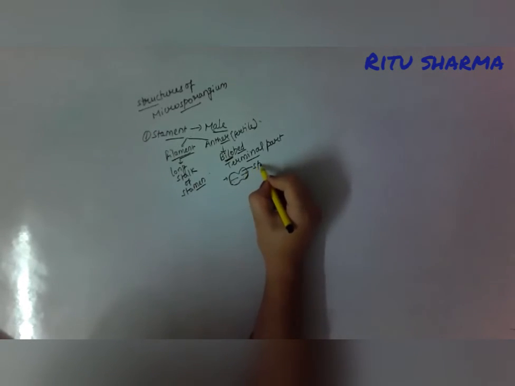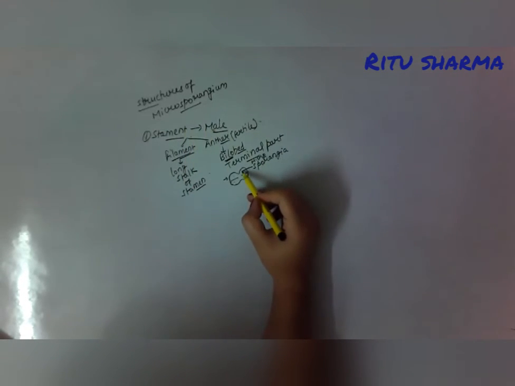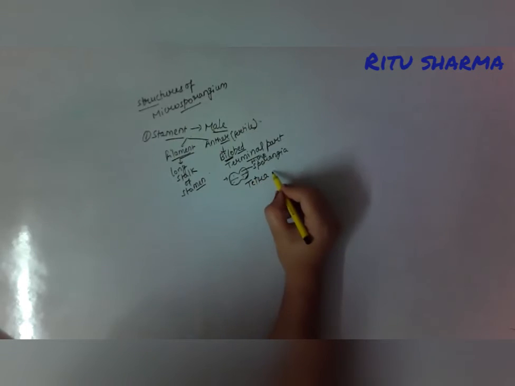This is sporangia, microsporangia we can say, because we are studying microsporangia. Okay, and it consists of four microsporangia. So this is known as tetrasporangiate.